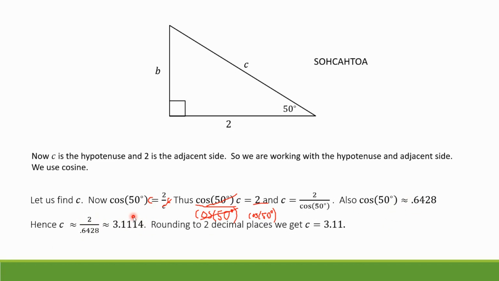Again, if I'm going too fast, just let me know. I won't get upset. I just want to make sure everyone's learning this. Now, rounding to 2 decimal places, we get C is about 3.11.